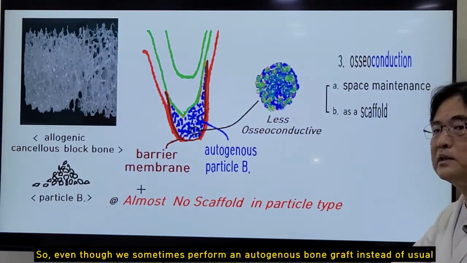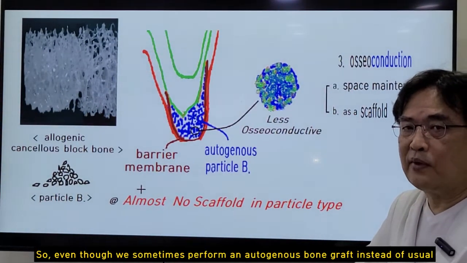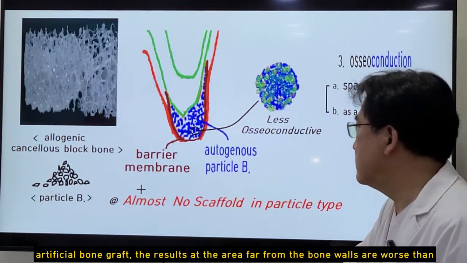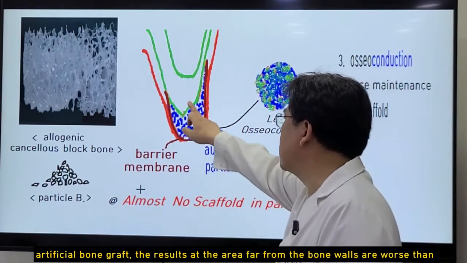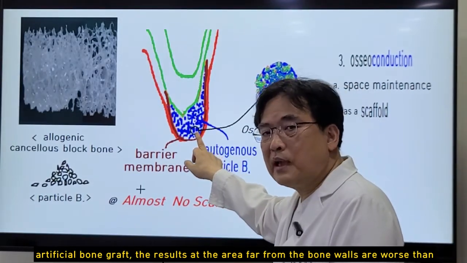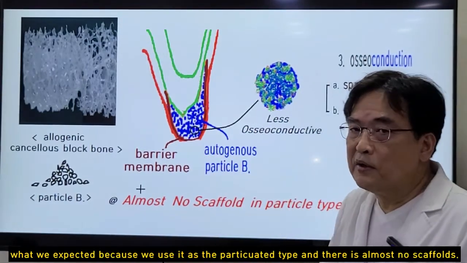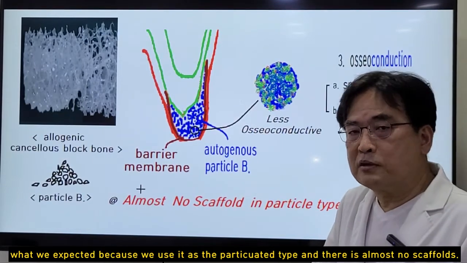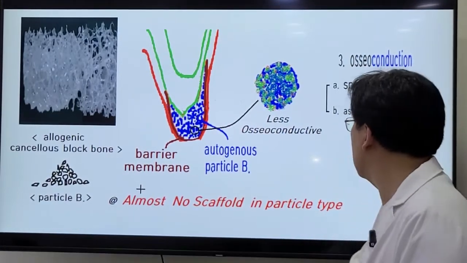So, even though we sometimes perform autogenous bone graft instead of the usual artificial bone graft, the results at the area far from the bone walls are worse than expected because we usually use it as a particulate type. There is almost no scaffold.